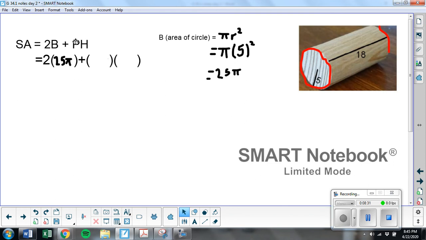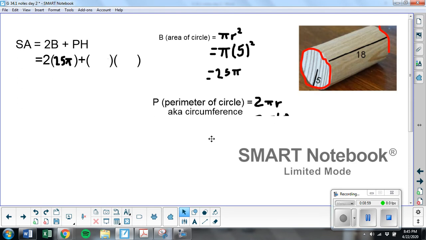Next, we're going to do P, which is the perimeter of the base. What do we call that if it's a circle? We call that circumference. So I'm going to show my work here. Perimeter of the circular base, aka we call it circumference. Kind of has a special name.